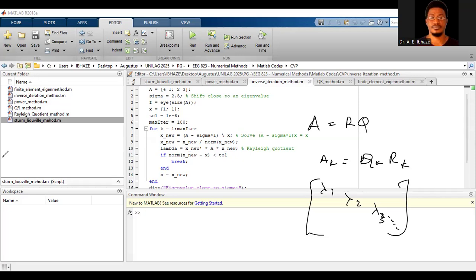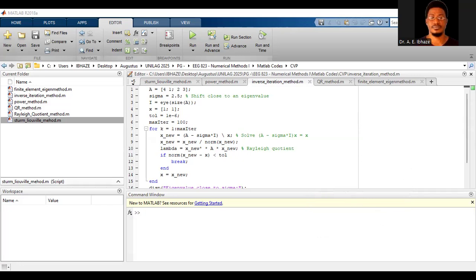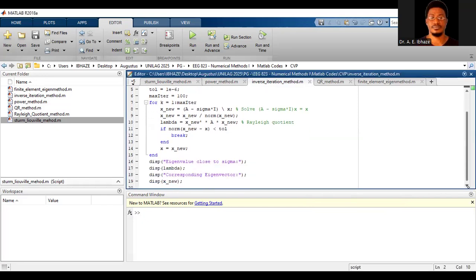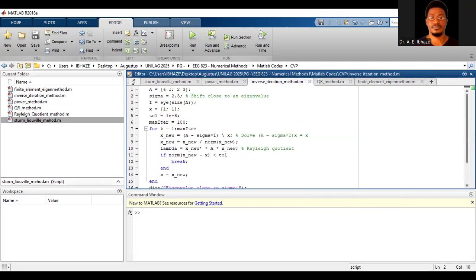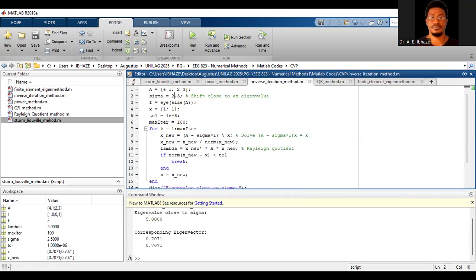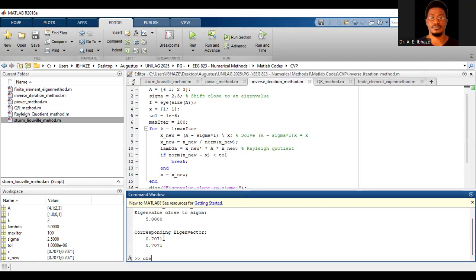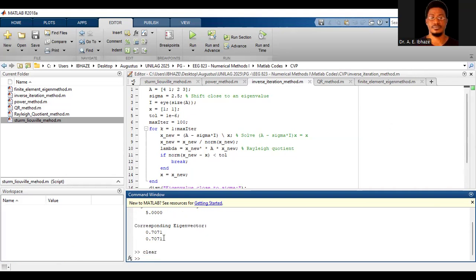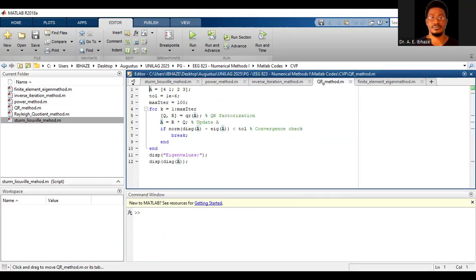And once we plot this, you'll see that the entire eigenvalues are returned. So let's just flip through. So here we display. Now that's the iterative method I just plotted. This is the QR, okay?